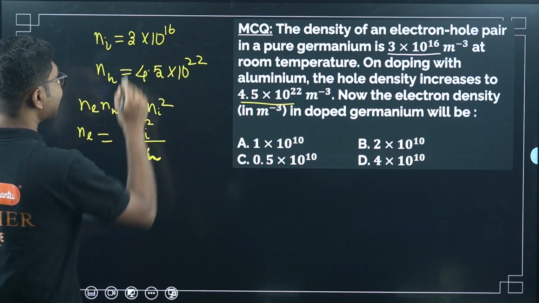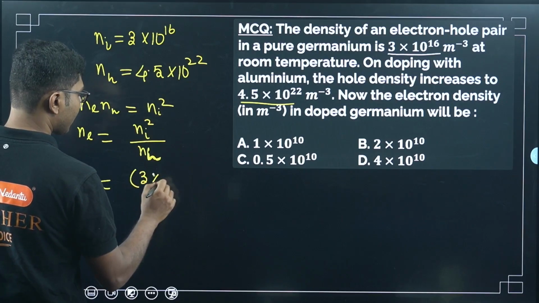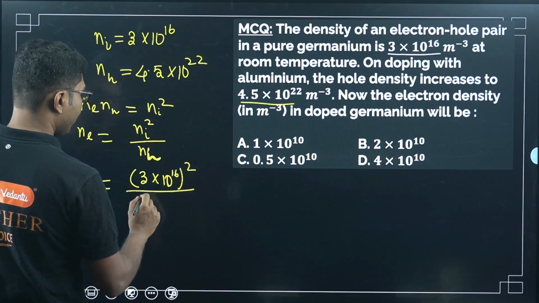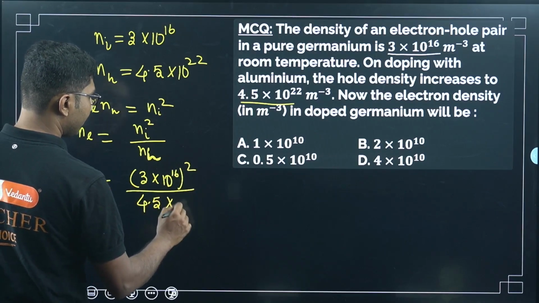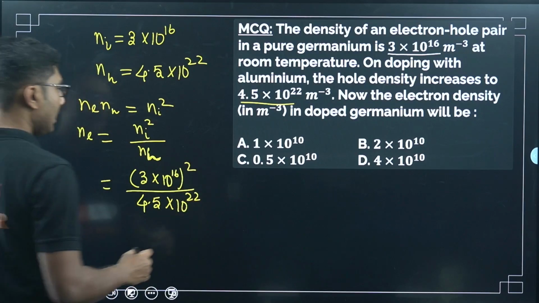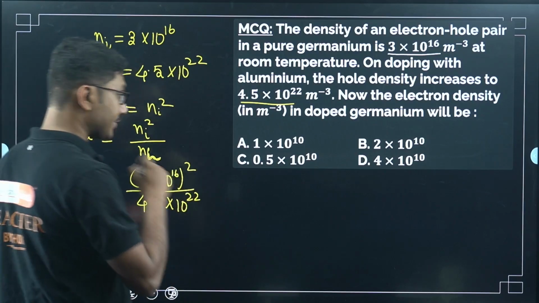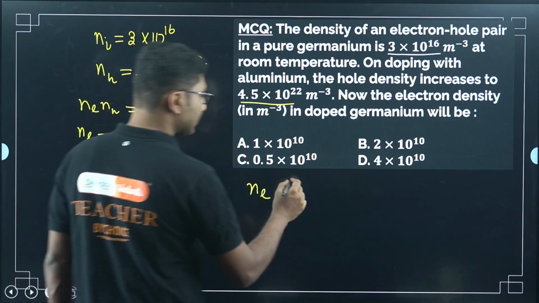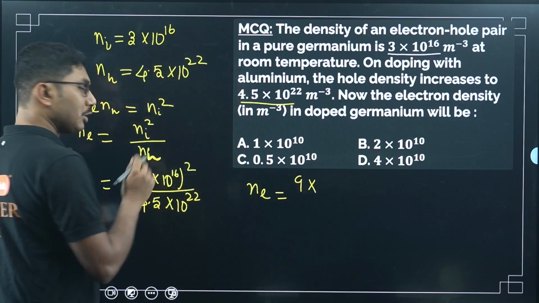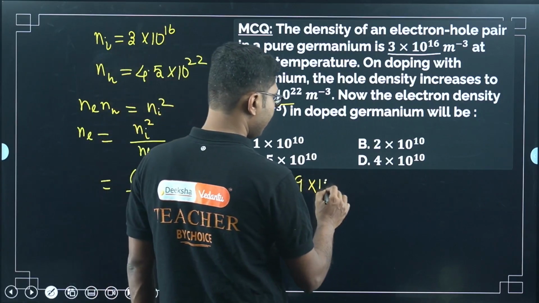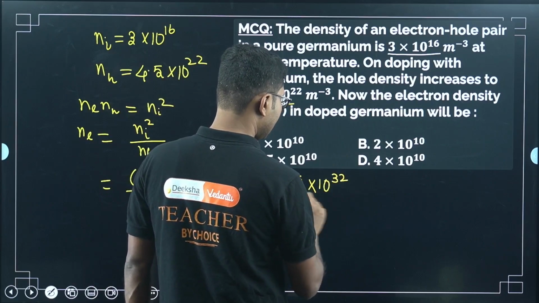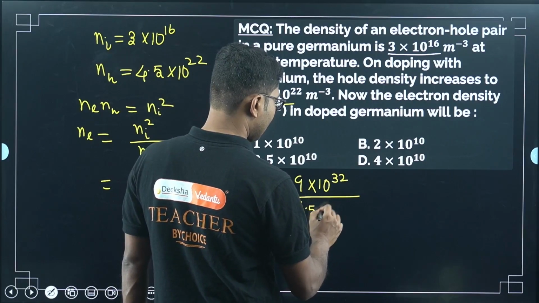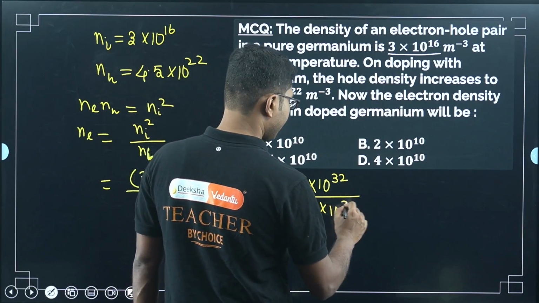Ni is 3 times 10 to the power 16, whole square, divided by 4.5 times 10 to the power 22. 3 square is 9, times 10 to the power 32, divided by 4.5 times 10 to the power 22.